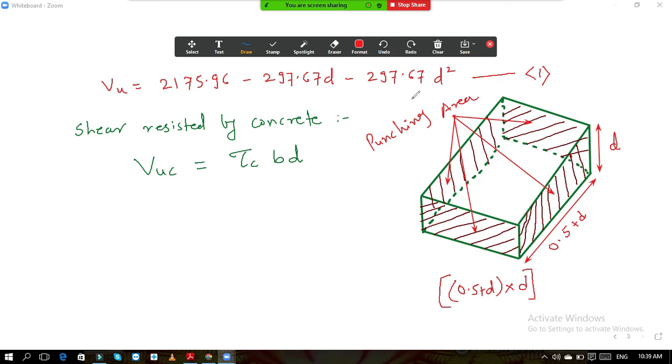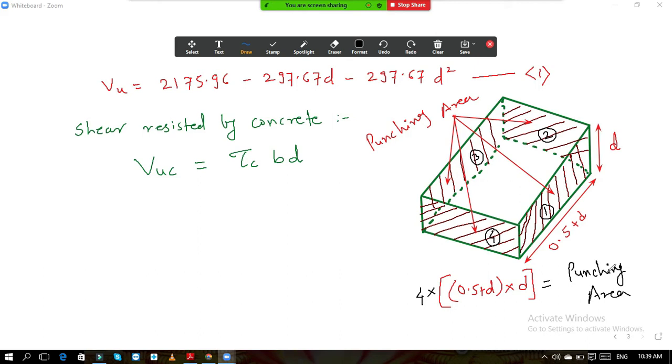How many rectangles are there? 1, then 2, 3 and 4. So if we want the total area, we should multiply this by 4. So this is our punching area, where during the punching action it will face some resistance.